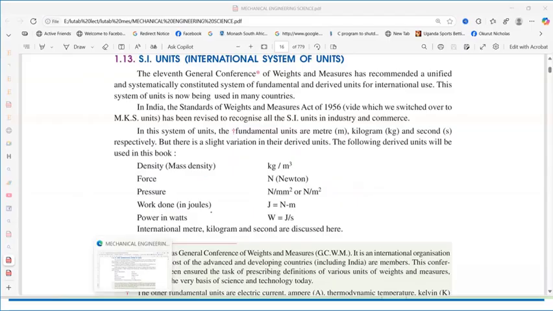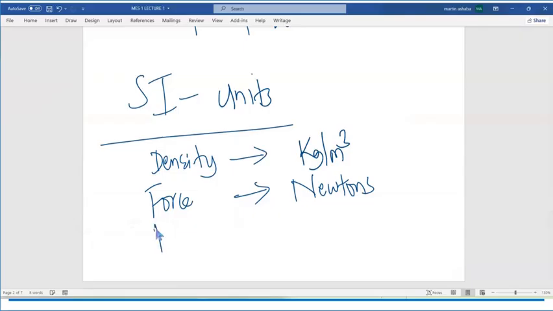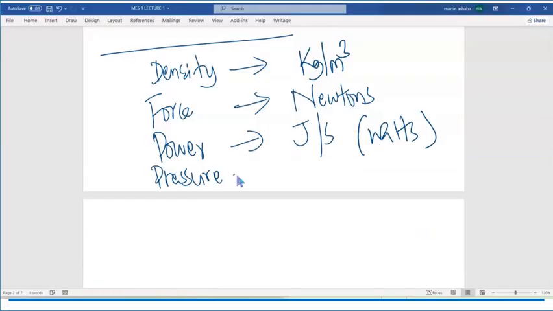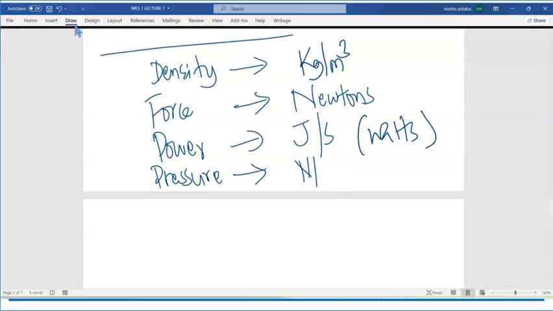Power is in joules per second or watts. Pressure is in newton per square millimeter, but you always take newton per square meter.